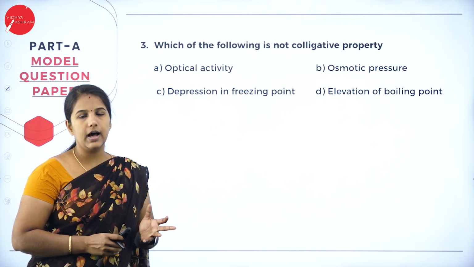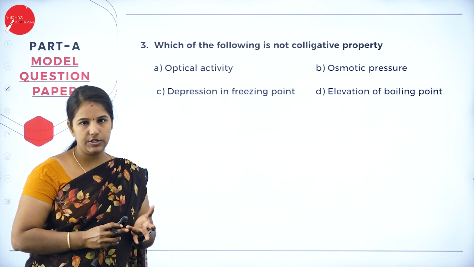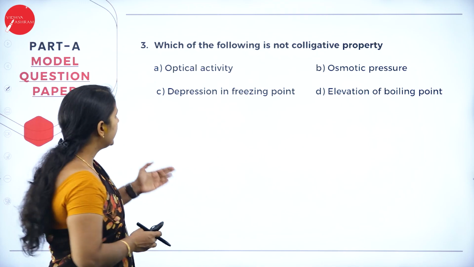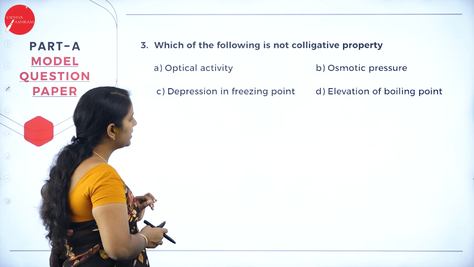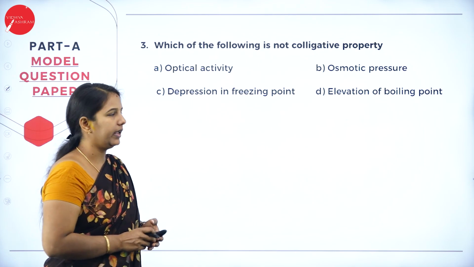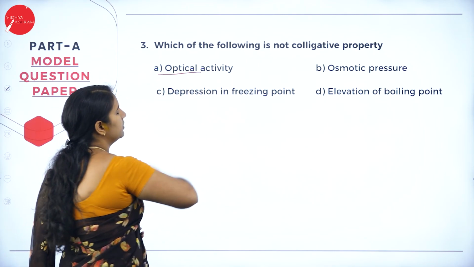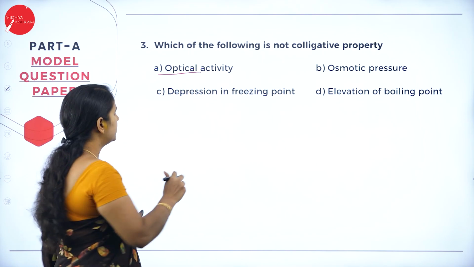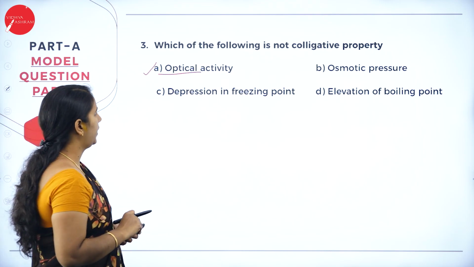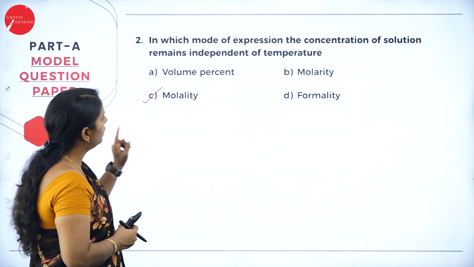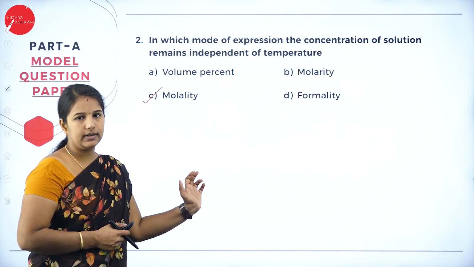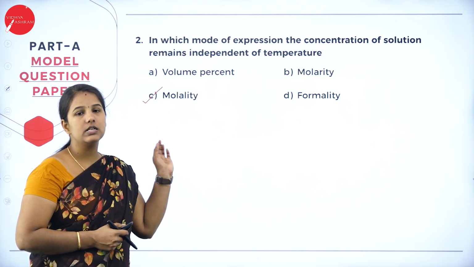They are depression in freezing point, elevation in boiling point, relative lowering of vapor pressure and osmotic pressure. You can see that we have depression in freezing point, osmotic pressure and elevation in boiling point. 3 are given already, so the 4th one which you see is different. So this will be the right answer, which is not a colligative property. So you can see that there are 2 questions raised from the unit known as solution.